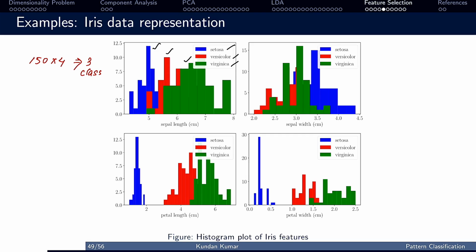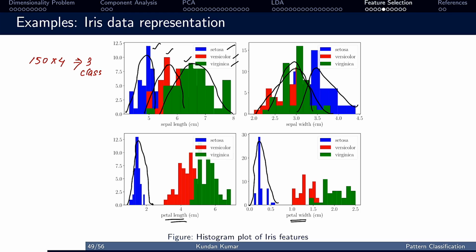Here we can see the distribution of individual classes. If we analyze this, these feature components are overlapped, but when you see the petal length and petal width, the setosa is totally separated from the other 2 class samples, and here we have some overlap.